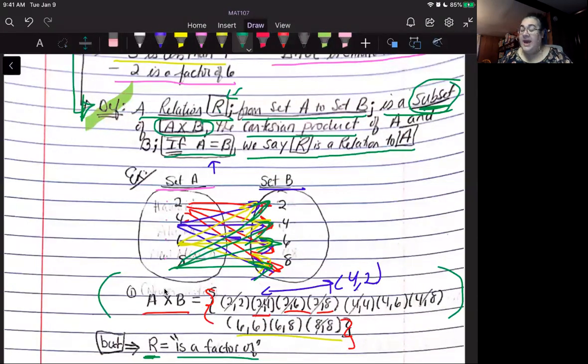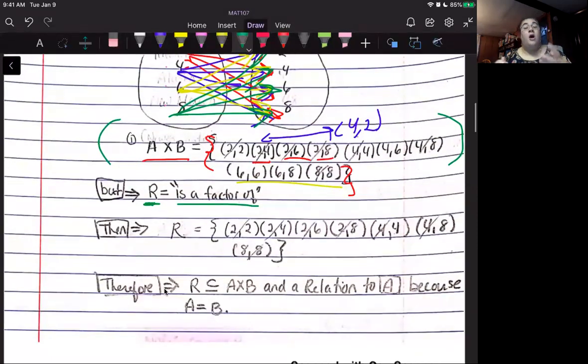Because once we take the Cartesian product, R, depending on what we call it, in this case "is a factor of," so those are the parameters we have set for it, gets pulled out of that Cartesian product, okay? So the only ordered pairs we're interested in from the Cartesian product are the ones where we can read it left to right as this one is a factor of this one.